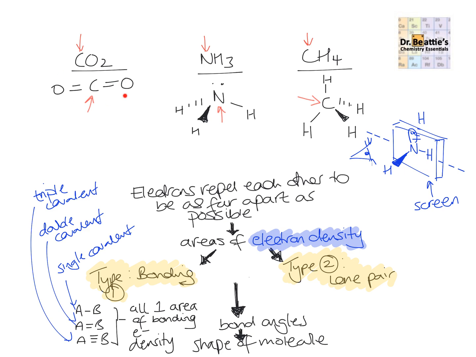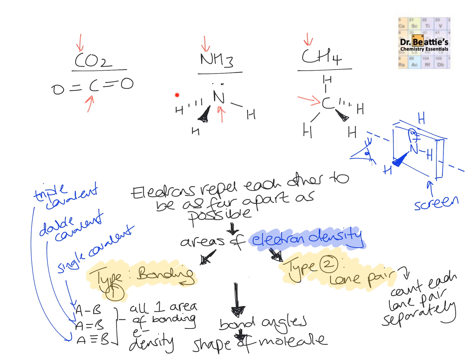So if we just take carbon dioxide, for example, here then, around our central atom, we have two areas of electron density, both of which are bonding. Now, with the second type of electron density, lone pairs, we count each lone pair separately.